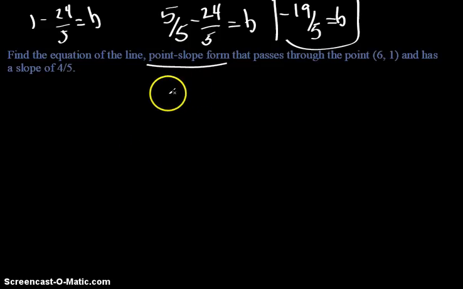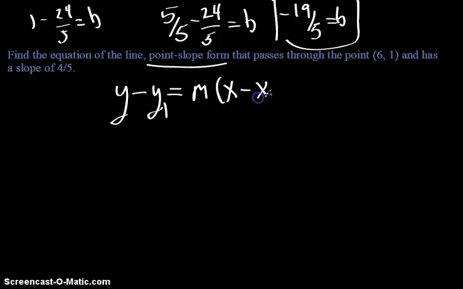So first off, point slope form is y minus y1 equals m times x minus x1, where y1 and x1 are some given values to us. So in this problem, I don't need to know my b. It doesn't ask for it.